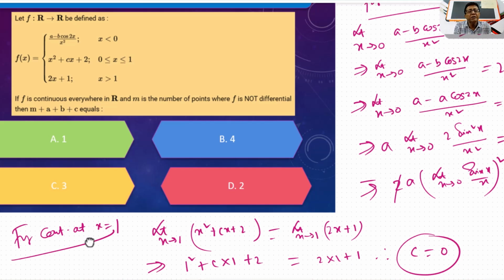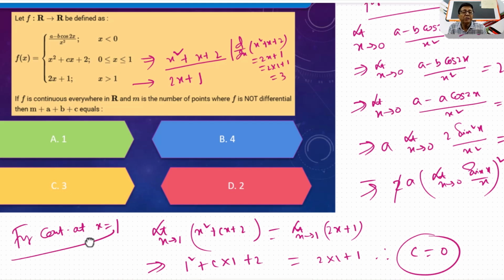Now see, the function for this part changed. For c equal to 0, it is just 2, and the other part is x square plus x plus 1. Here the derivative at x equal to 1 is what? d/dx of this function, 2x plus 1, at x equal to 1 is equal to 3.